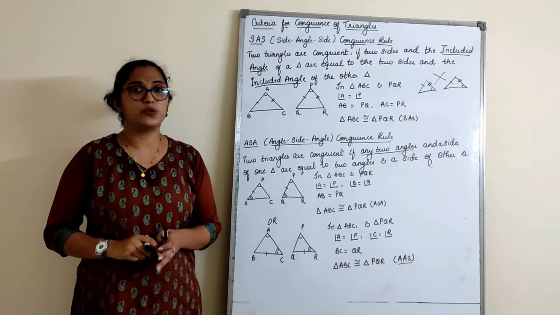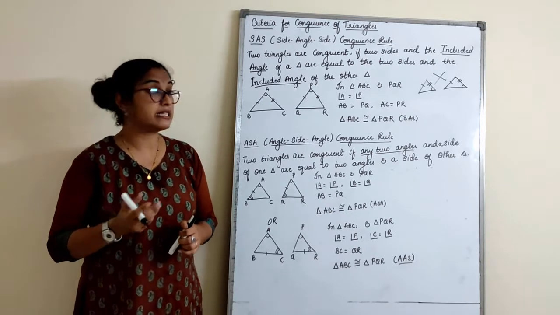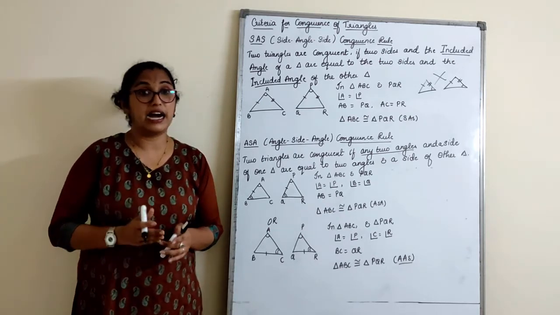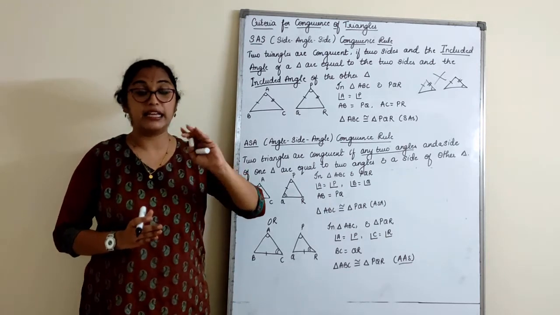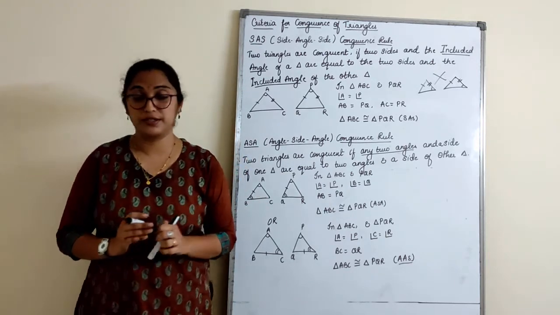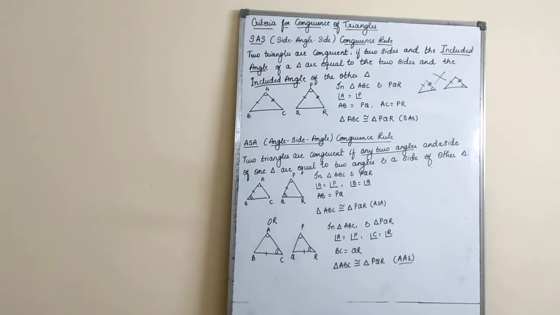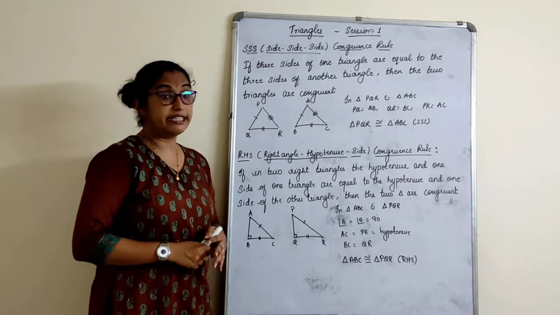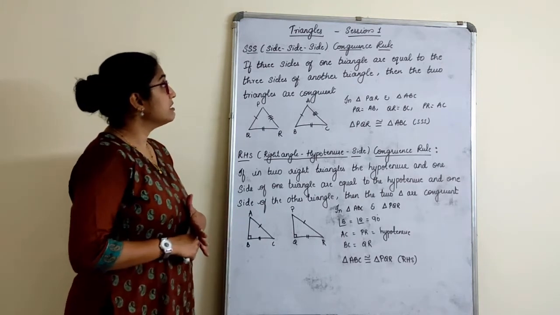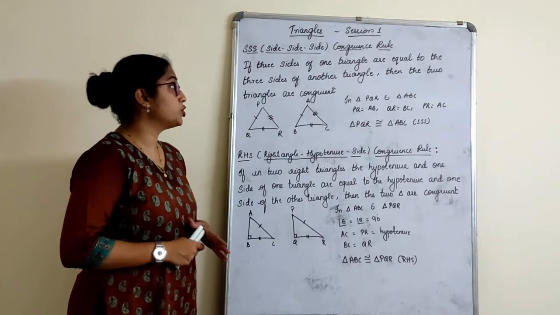Two more criteria we have, that is triple S, that is side, side, side, and RHS, that is right angle, hypotenuse, and side. So the last two criteria for congruency: first, SSS congruence rule.